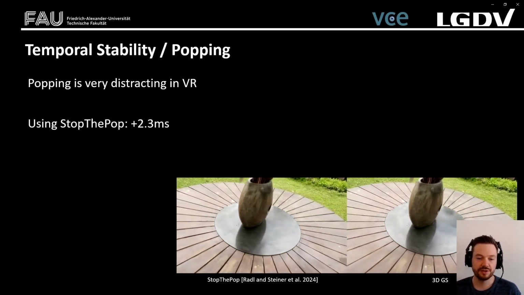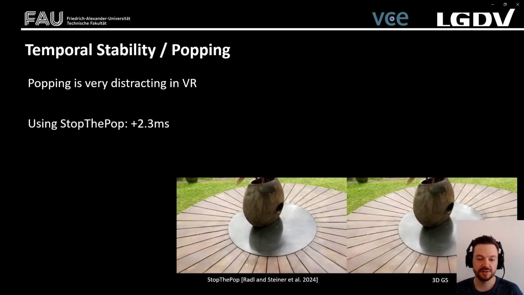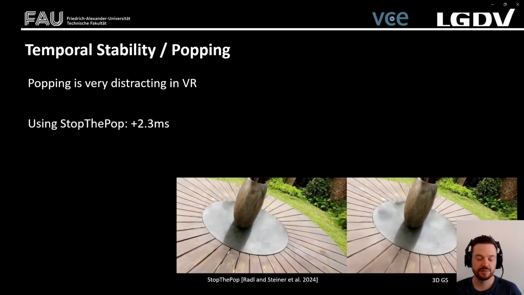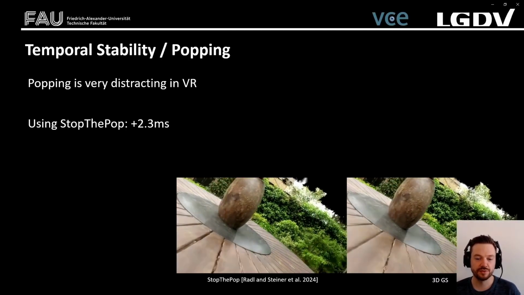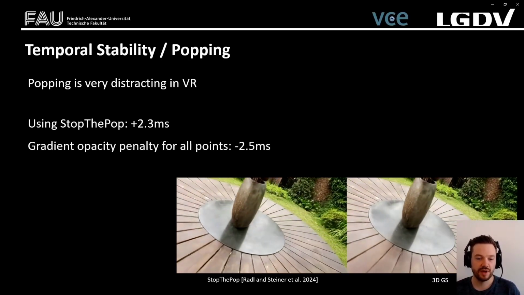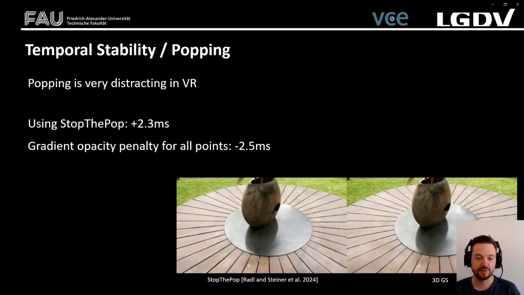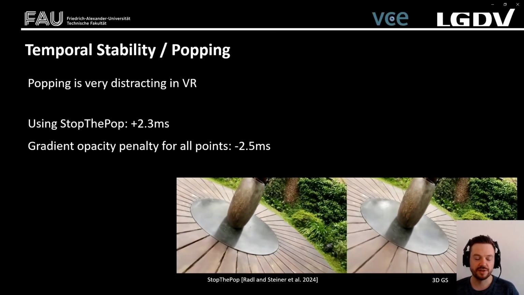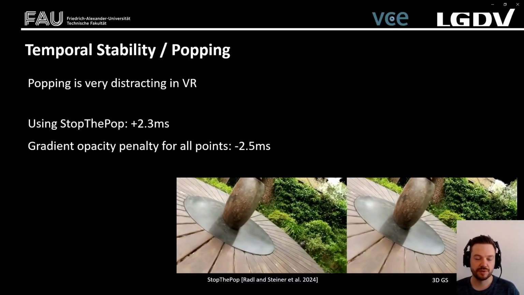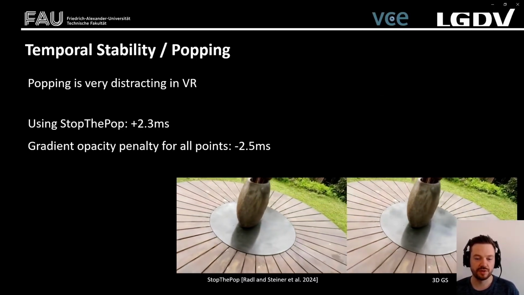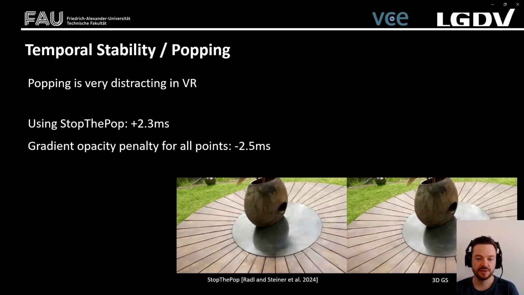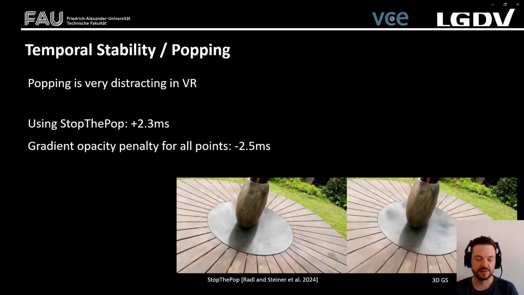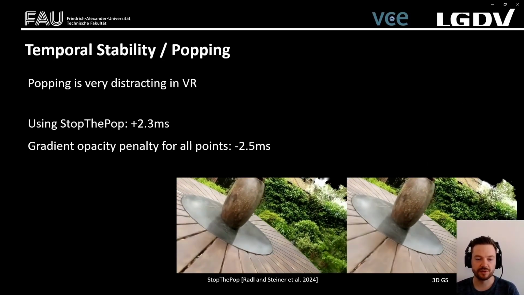However, their rendering adds about 2.3 milliseconds to our system. So what we need to do is reduce our primitives even further. And we did that with a gradient opacity penalty for all points. So we basically pushed the gradients of all primitives a bit towards transparent, so that they could be removed. That's a very nice way to reduce primitives without affecting quality too much.